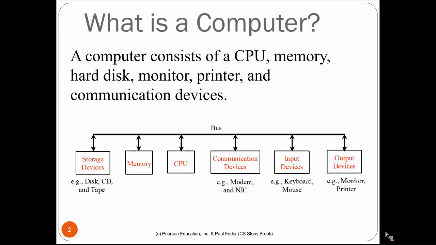This bus is basically the main communication line between all of these devices: CPU, main memory, storage, communication devices, input devices, and output devices. Sometimes some devices can be both input and output, like touch screens. They are output devices, like the monitor, but they also are input devices through touch.